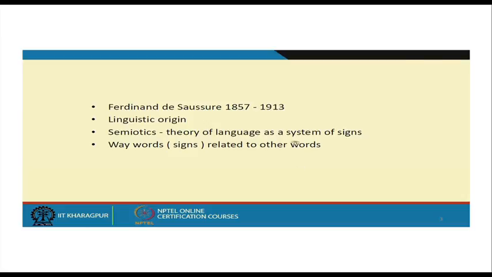If you look at the time frame of when it was first coined, Saussure was the key person. He is known as the father of semiotics. Only during the late 19th century or the beginning of the 20th century, Saussure coined this term and started his research related to this.